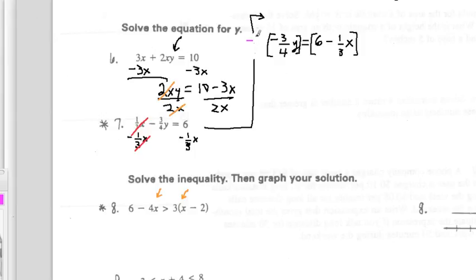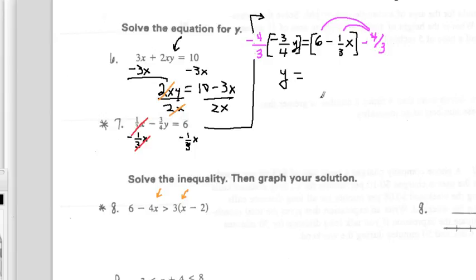Negative 4/3. If we look ahead, this is going to be an interesting place where we can make sure we use our algebra. So negative 4/3 times negative 3/4 y just leaves us with y.